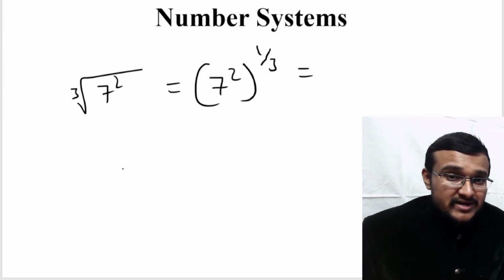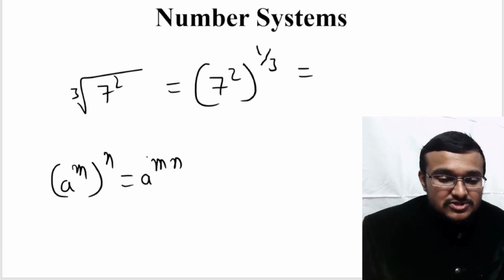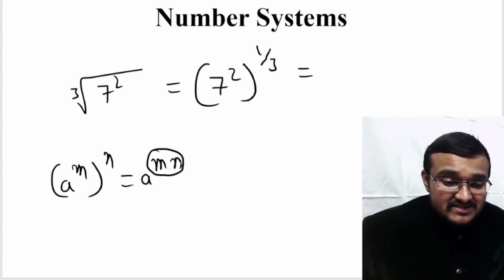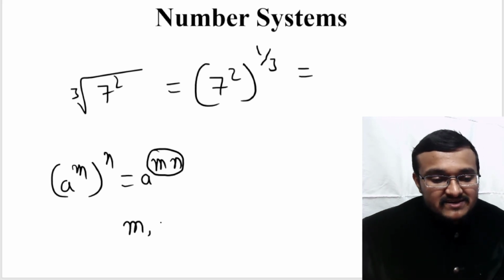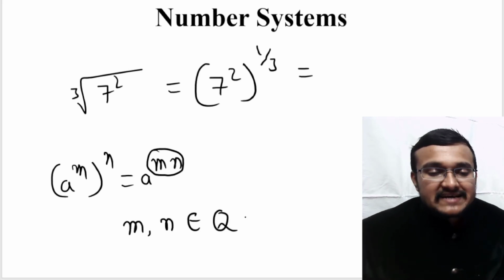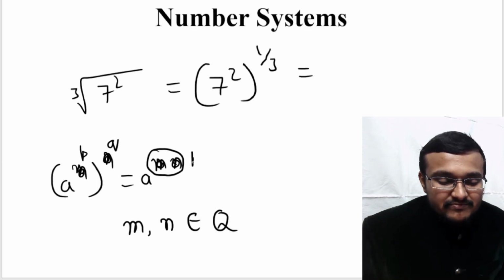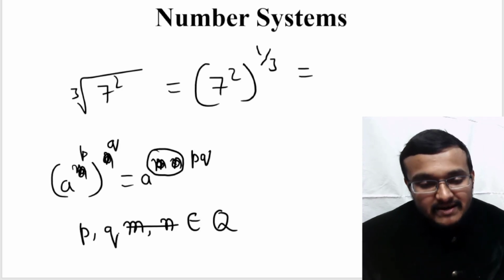According to the exponent law, we know that a power m whole power n is equal to a power mn. What you learnt in your 8th standard had m and n as integers, but now we can consider m and n as rational numbers. Instead of m and n, you can take p and q, where p and q belong to rational numbers.